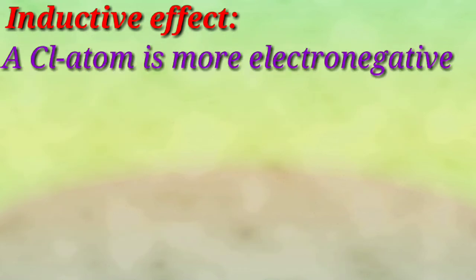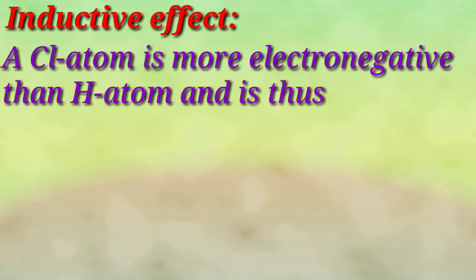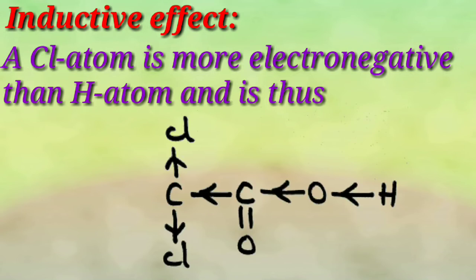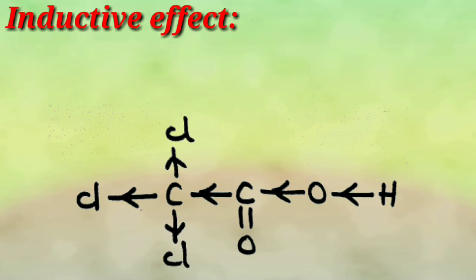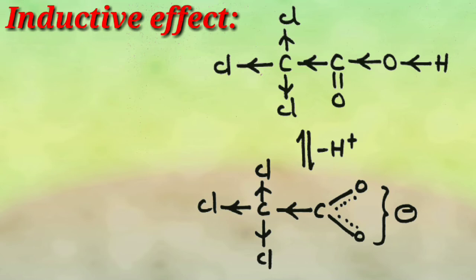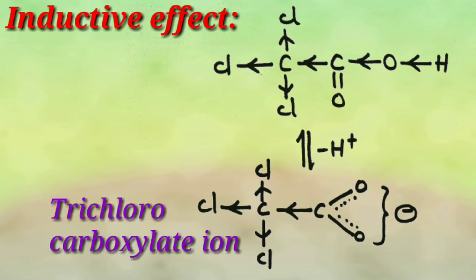We know that chlorine atom is more electronegative than hydrogen and is thus able to induce or pull electron density towards itself via sigma bonds in between and therefore helps to spread out the electron density of the conjugate base, that is the carboxylate ion, and stabilizes it.